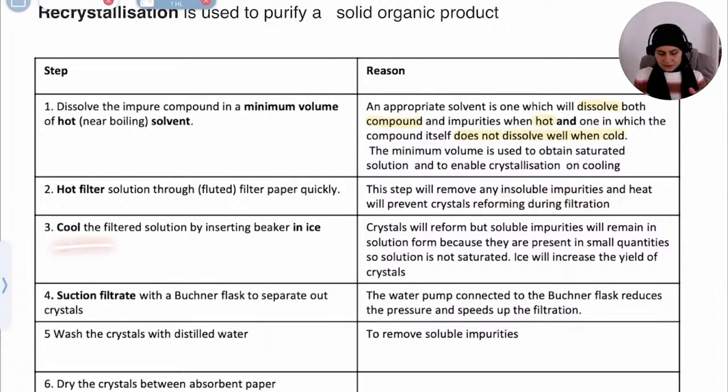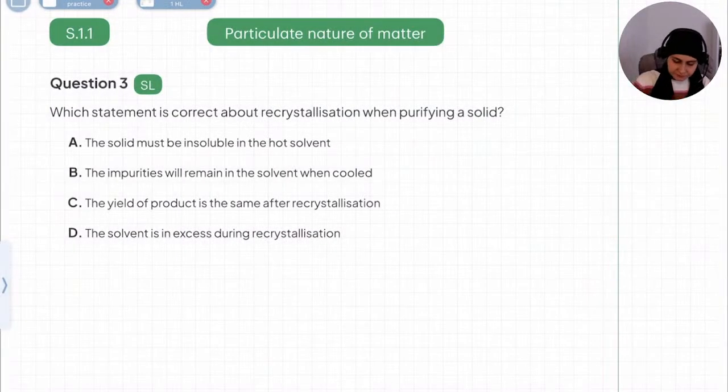Then you cool down the filtrate, for example on ice, and your crystals start to reform and soluble impurities remain in the solution. And finally, you separate the crystals using suction filtration with a Buchner flask, wash the crystals with distilled water and dry. Okay, now let's go back to the question.